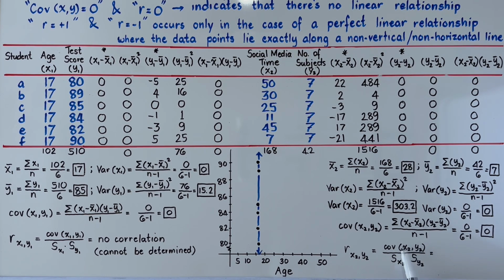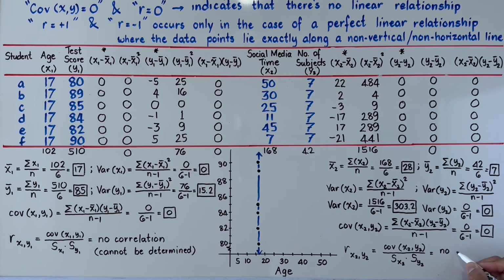And since the covariance is 0, the numerator is 0, but one of its standard deviations is 0. Which one? The standard deviation of y sub 2. Because standard deviation, we know, is the square root of the variance. And since the variance is 0, its standard deviation is also 0. So 0 times a non-zero is 0. So we have a denominator of 0 and the numerator of 0.